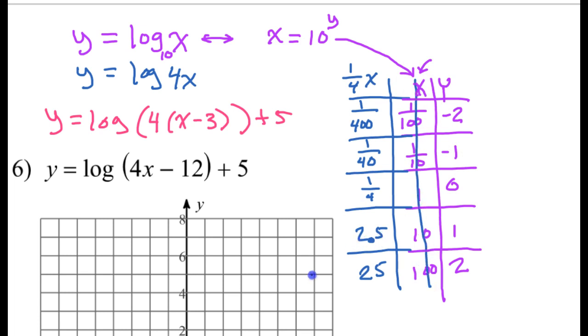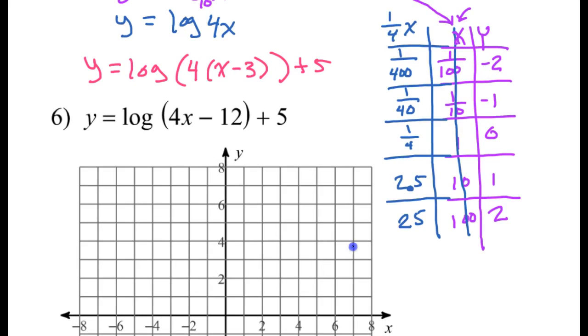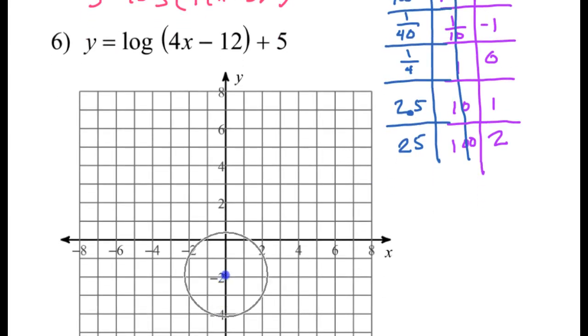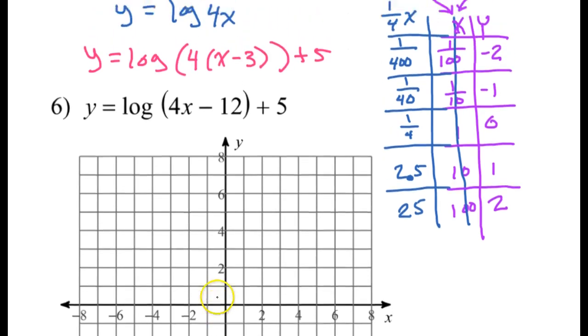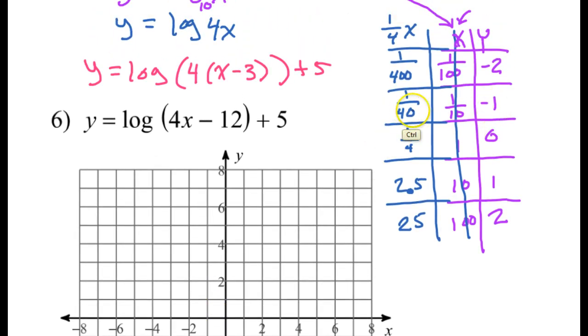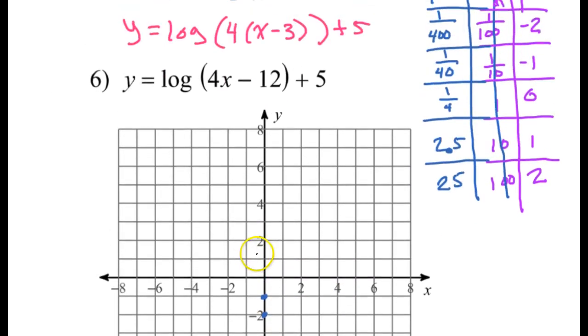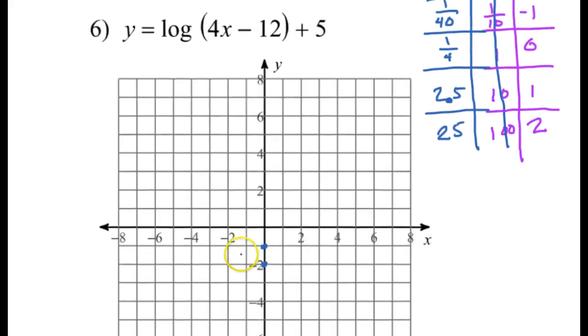So let's go ahead and plot these points, but just don't connect the dots because this is not the final answer. Of course, 1/400th is so small, it's going to appear to be on the line. So 1/400th comma -2 would be right here. 1/40th is also so small it's going to appear to be on the line. So 1/4 comma -1 is going to be here. 1/4 comma 0 is just beginning to come away from the line.